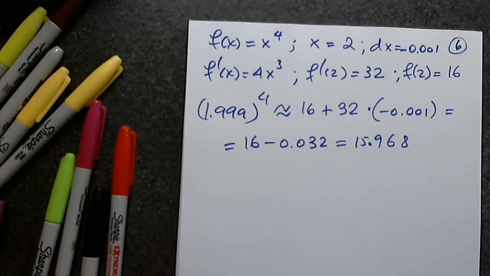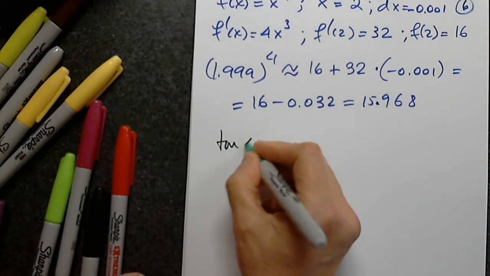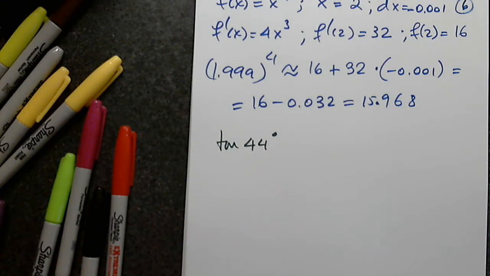Okay, so do we need more, or do we need a trig function? Okay, very good. So let's say, I don't know, tangent 44 degrees. No one can determine this by hand, I hope you agree with me. So let me caution you on something. We do not use degrees in this class.